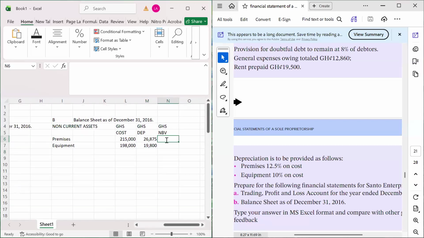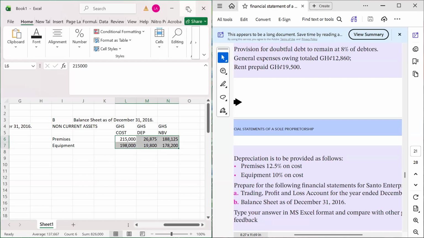Now, after bringing it, you want to get the net book value of the asset, which is the cost minus the depreciation. The cost minus depreciation. Then this is the net book value of the asset. Now you add the totals. This is what we are interested in, this one. The net book value is what we are more interested in.